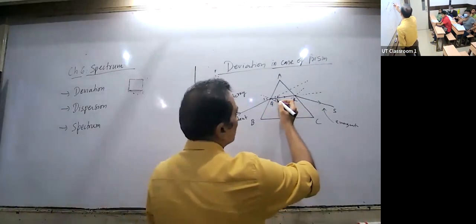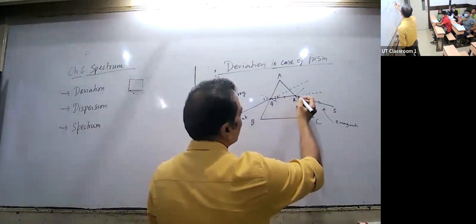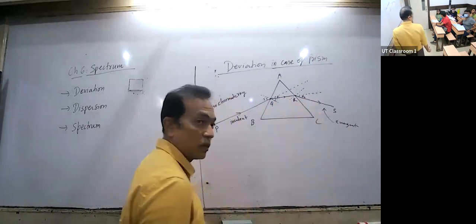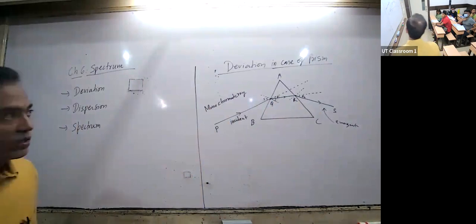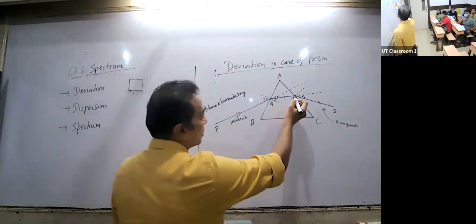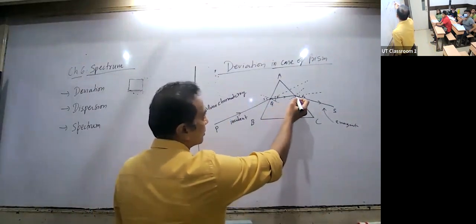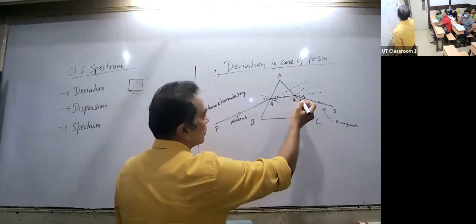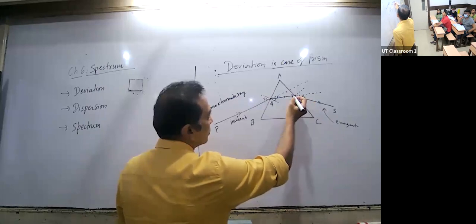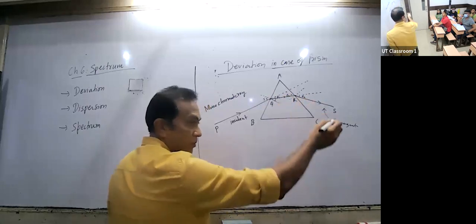Now, this is the first deviation. Again, there is a second deviation over here. What is the total deviation then? Delta 1 plus delta 2. Extended backward, this angle delta 2 is a vertically opposite angle, so this also will be delta 2.